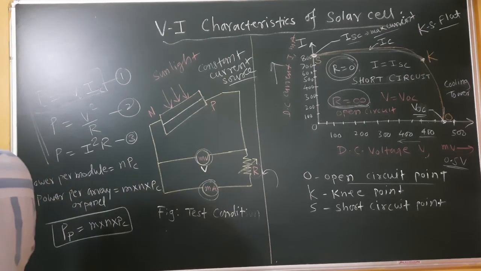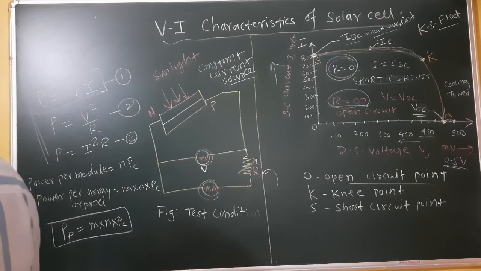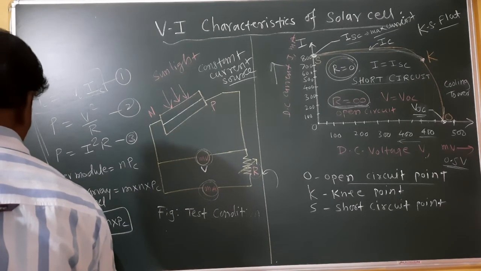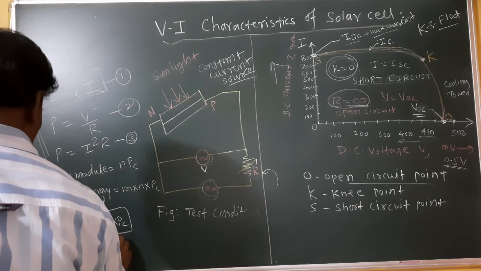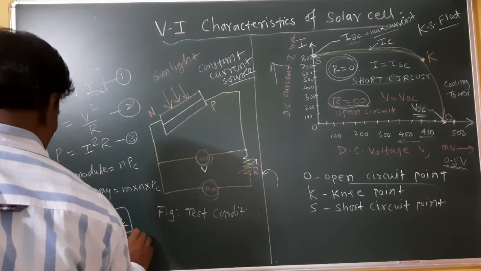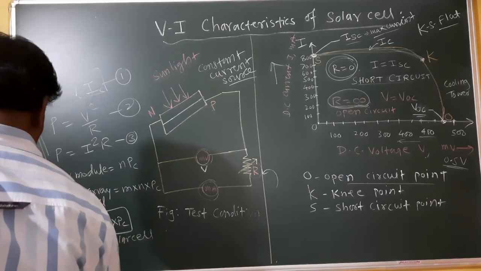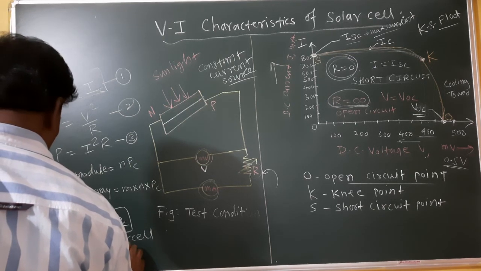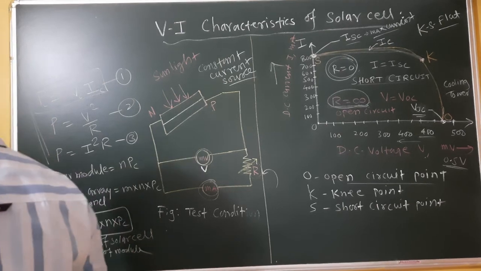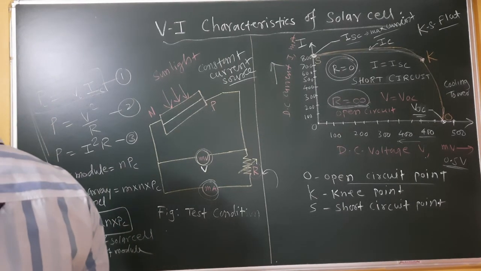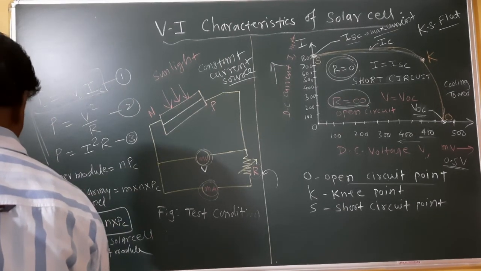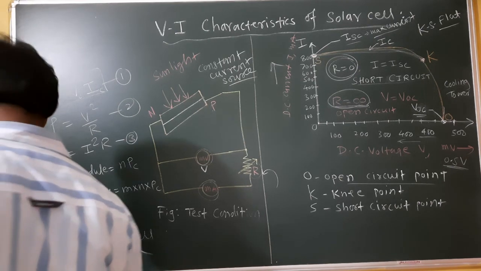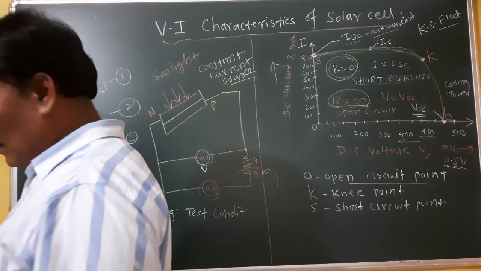By using this formula we calculate the power of the solar panel. N means the number of solar cells, and N means the number of modules. Power per module we calculate by using this formula.